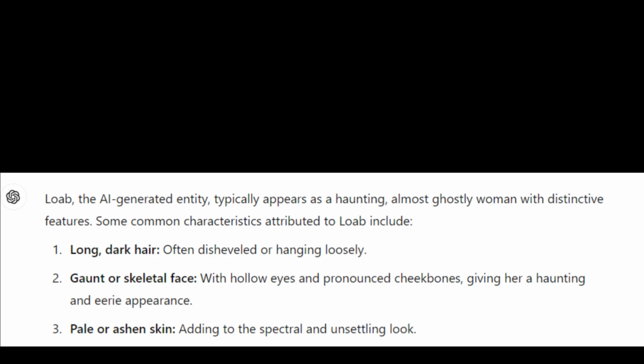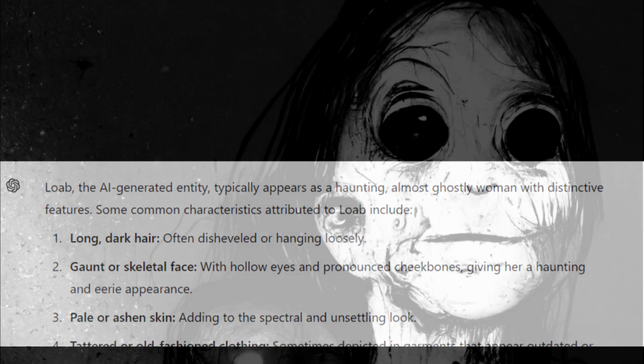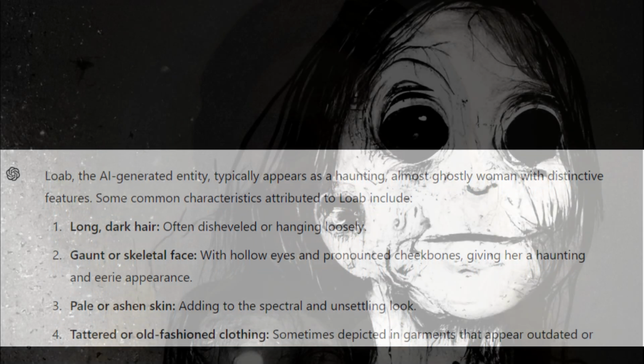I also wanted to try and understand if Loab was restricted to only image AI processors, so I asked ChatGPT to describe what Loab looked like. ChatGPT said the following: Loab, the AI generated entity, typically appears as a haunting, almost ghostly woman with distinctive features.